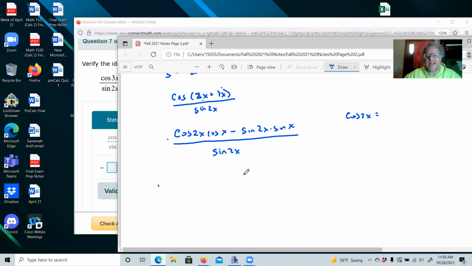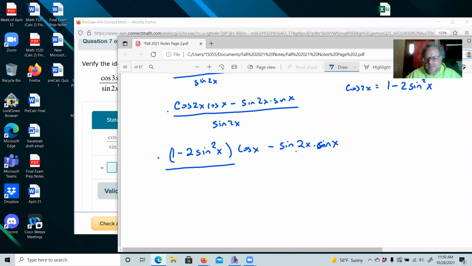I don't have a squared, I can't be clever. So this is 1 minus twice sine squared x. All right, so we have 1 minus 2 sine squared x times cosine x minus sine of 2x times sine x.